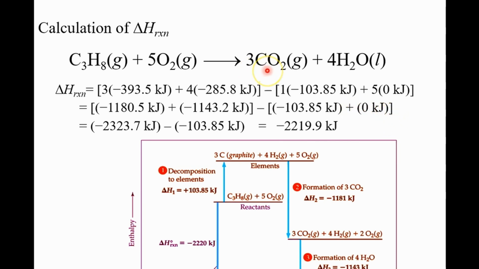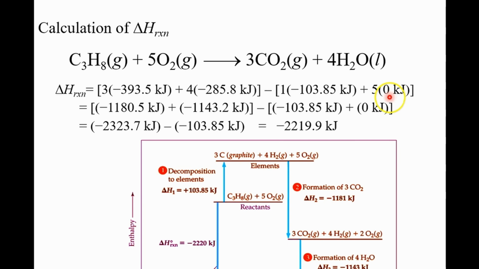So this 3 says I'm going to go 3 times the heat of formation of carbon dioxide, which is roughly negative 392.5. Sum that with 4 times the heat of formation of water, which is negative 206 roughly. And then I'm going to minus the heat of formation of propane, negative 103.85 kilojoules, and 5 times the heat of formation of oxygen.